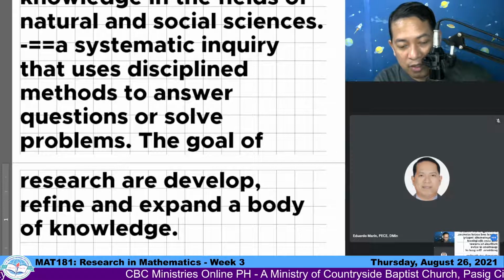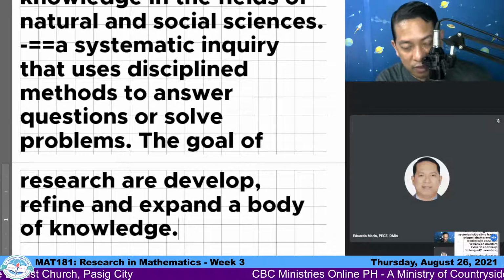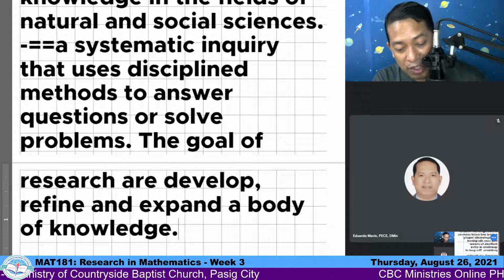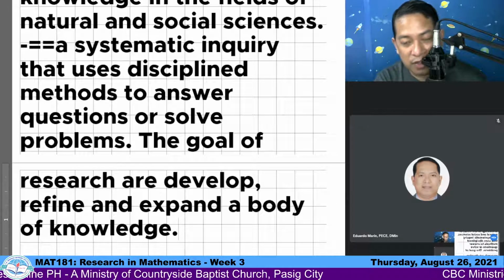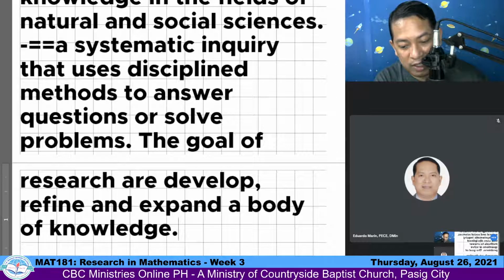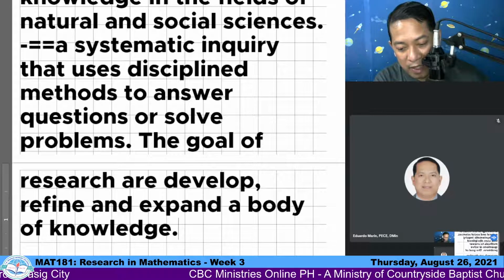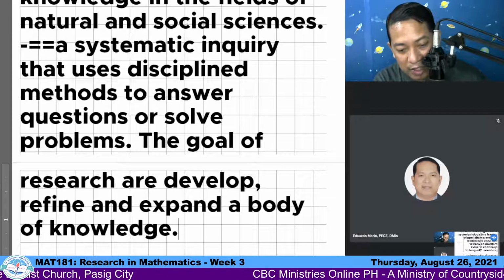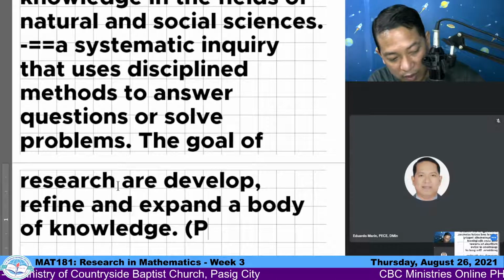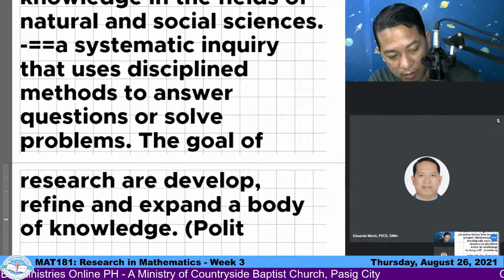Now, if you're an undergraduate of education, you are contributing to the body of knowledge that is already deposited under the education or social science discipline. So you are actually depositing to this body of knowledge. We're adding to this. Develop, refine, and expand a body of knowledge. So that's one of the definitions. This is based on the definition of Polit and Beck.